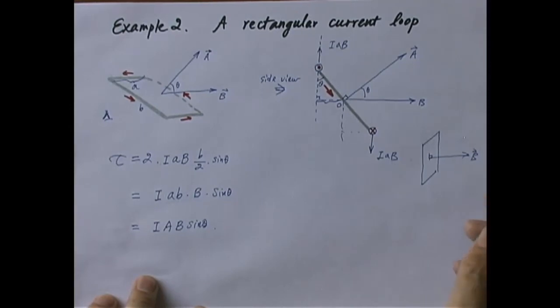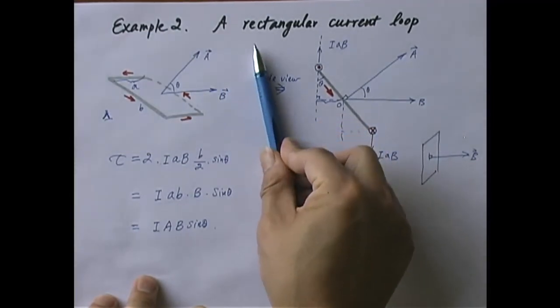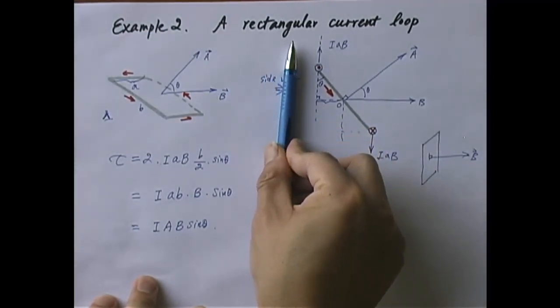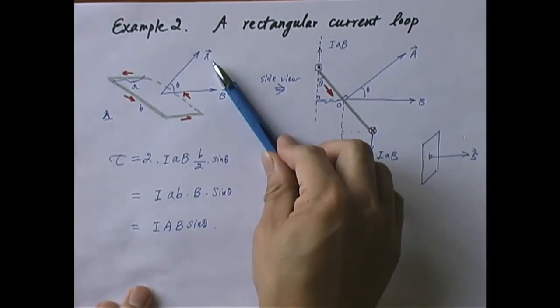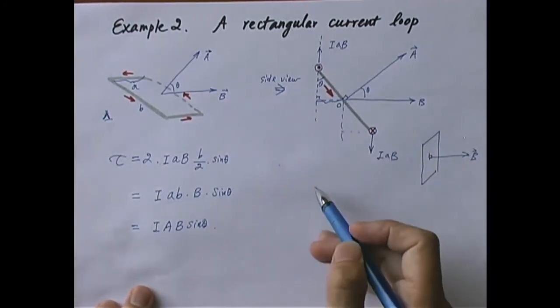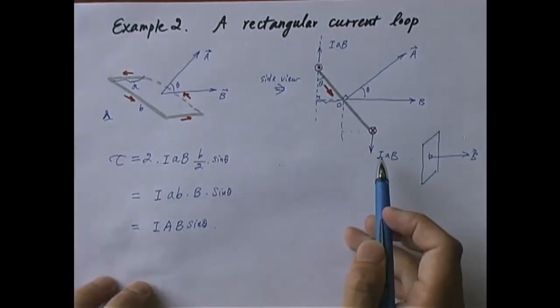So the B field exists in such a way that it tends to turn this loop so that the loop eventually is perpendicular to the B field. That is the only point where the torque will be 0. Okay, so it will turn the loop if the loop carries a current, and that is an important observation that we'll see, that will make great use later.